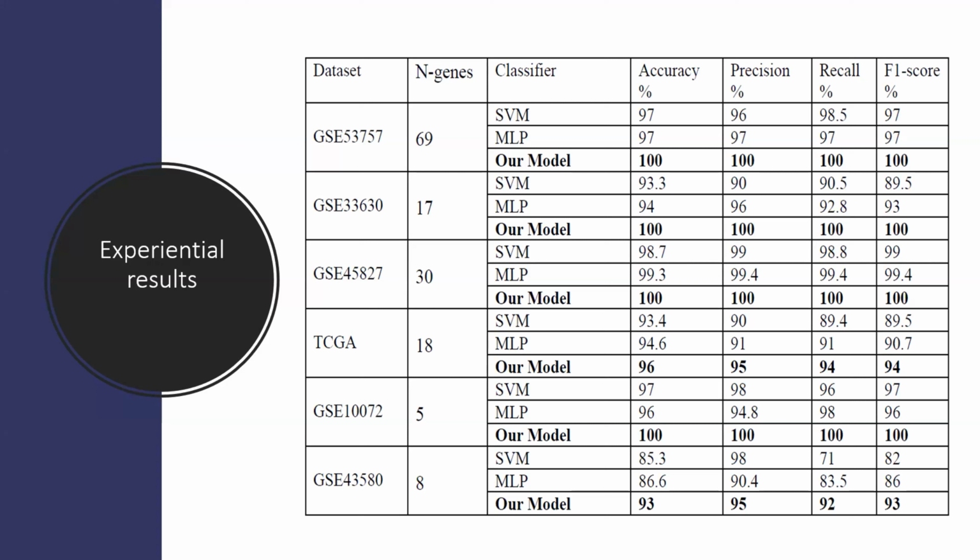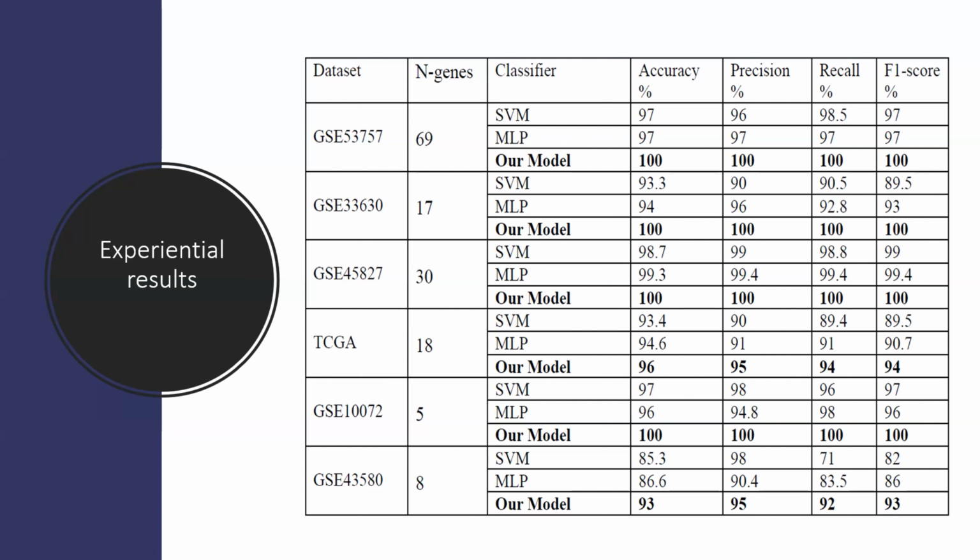So this is a continuation of the previous publication. Here we compare two popular classifiers in this field using six gene expression data sets, and we compare them against our model, and our model shows it's better than these classifiers.